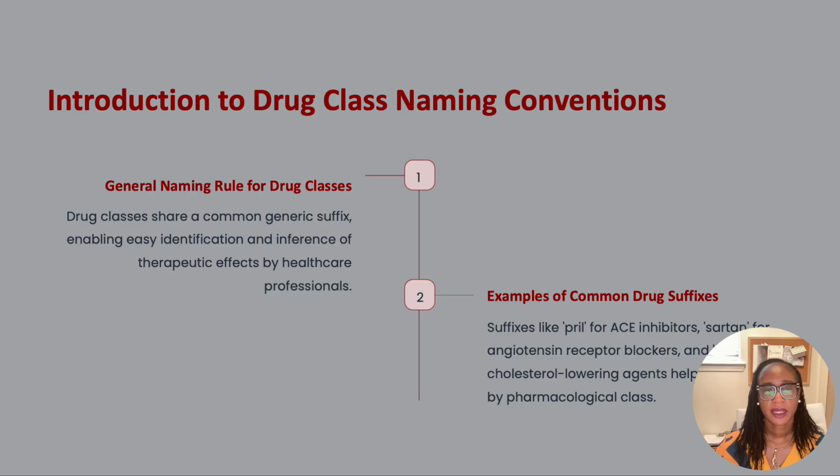Some common examples of drug suffixes, which I mentioned before, and I am going to highlight some more as I continue: the prils for the ACE inhibitors, sartans for angiotensin receptor blockers, and those cholesterol lowering agents, the statins, that help with pharmacological classes.